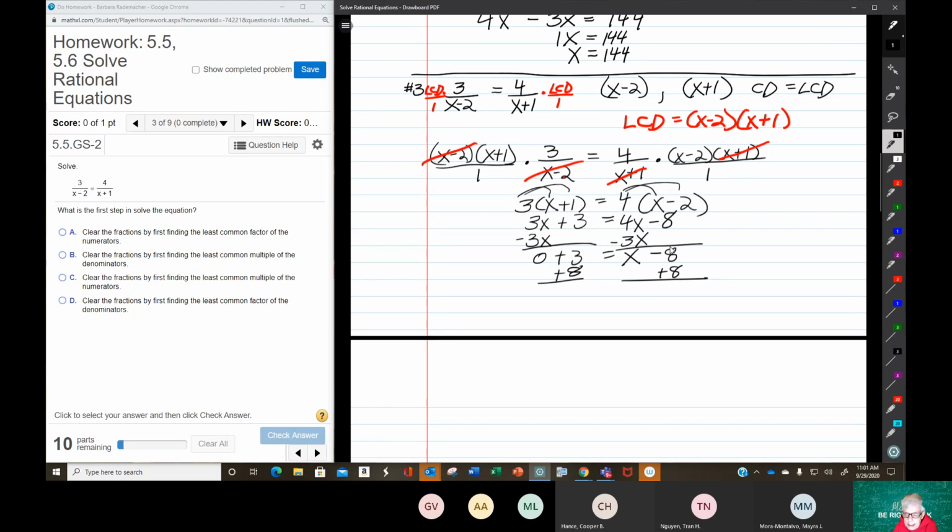Negative 8 plus 8 is 0. 3 plus 8 is 11. 11 equals x. The one thing you do have to be careful of is if this number could make either of these denominators equal 0. But 11 is not a problem. 11 minus 2 is 9, 11 plus 1 is 12. It's not a problem.